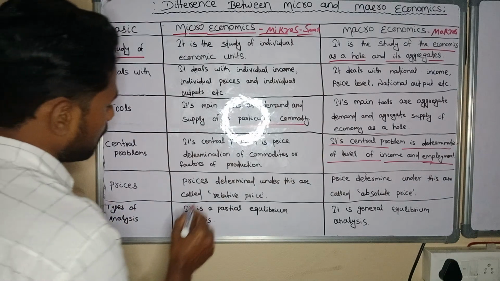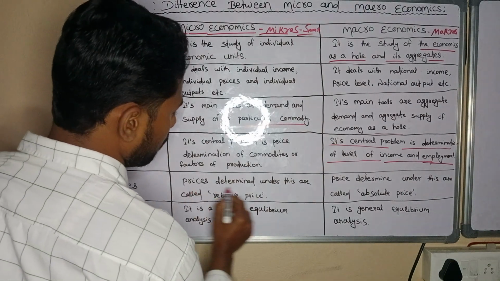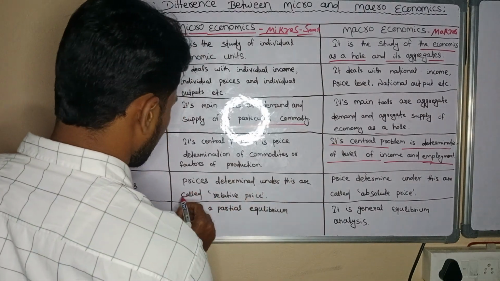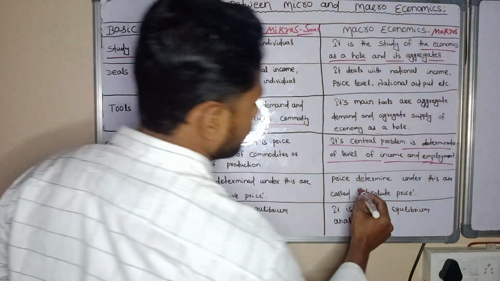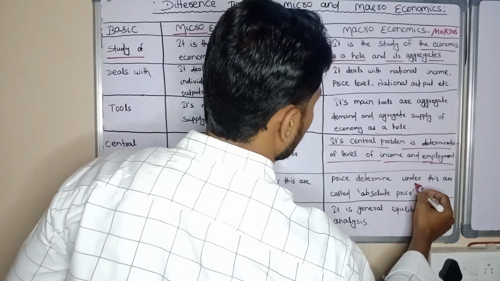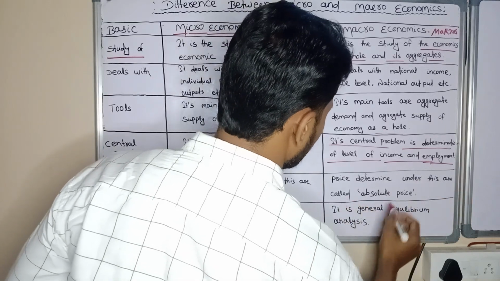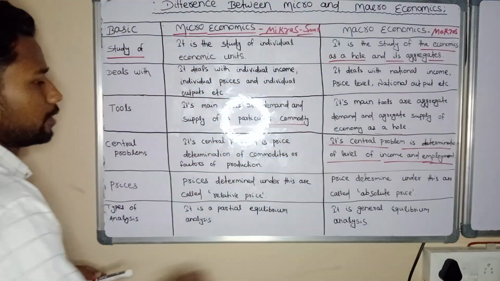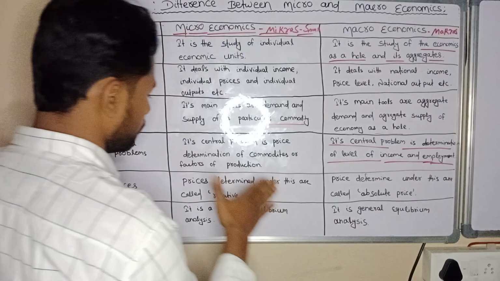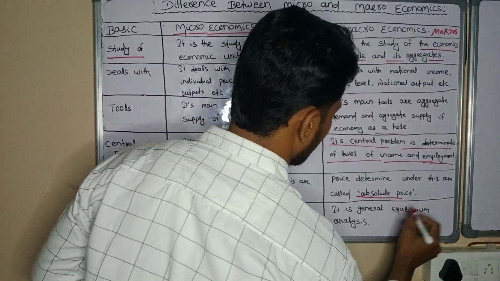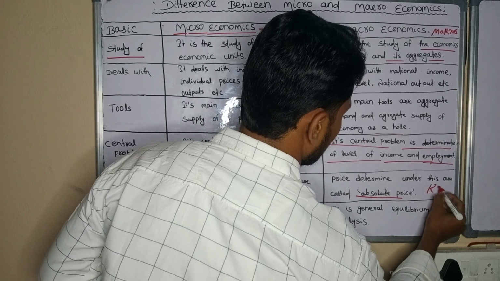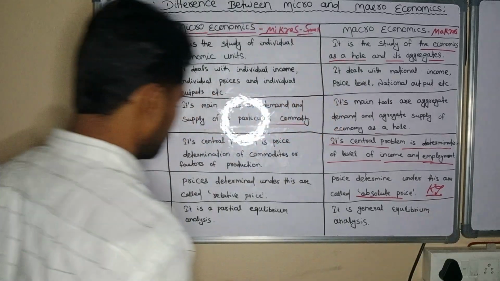Then prices determined under microeconomics are called relative prices. Prices determined under macroeconomics are called absolute prices. Again, this is a large one and this is a small one. Absolute means, for example, kg.